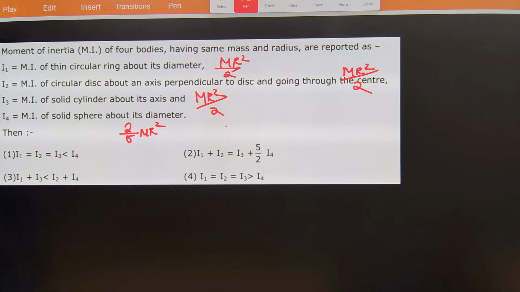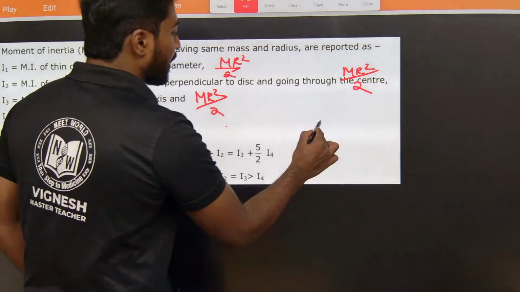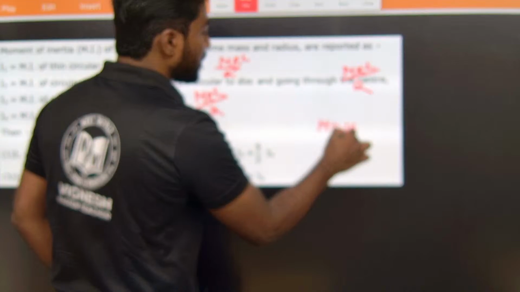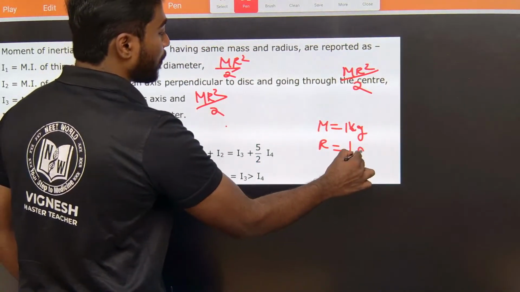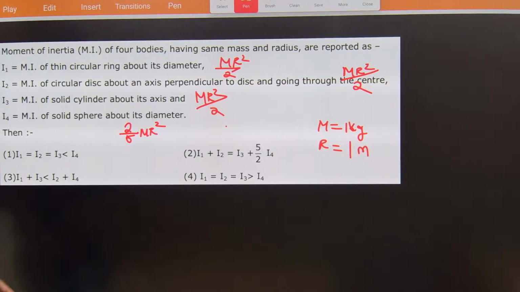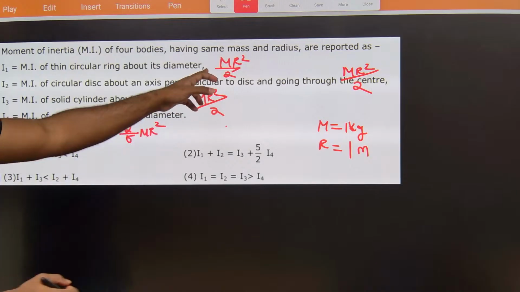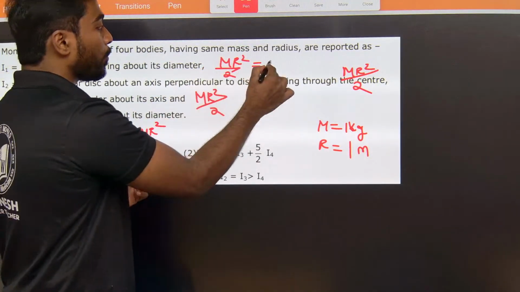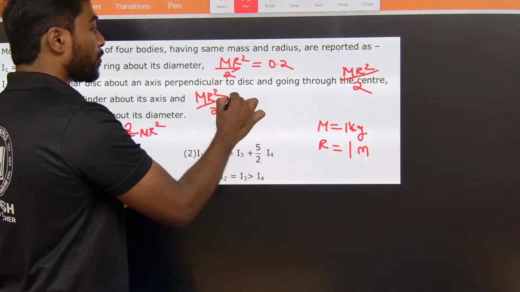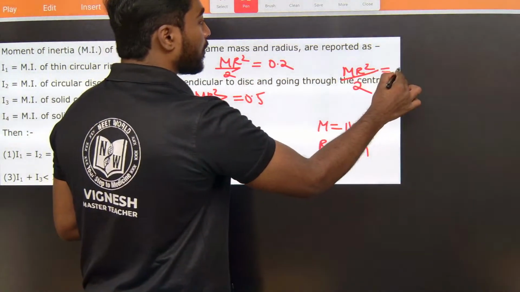Now substitute the values, like let me consider m is equal to 1 kg and r is equal to 1 meter. Now if I substitute the values, I need to get some values here. Like 1 into 1, 1 by 2, I will get 0.5. So this also 0.5, and for this also it is 0.5.